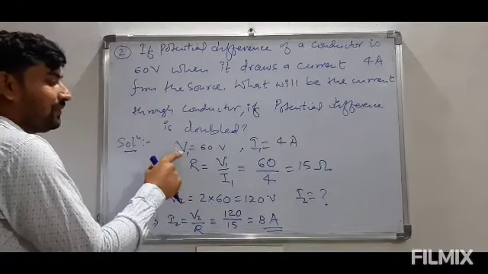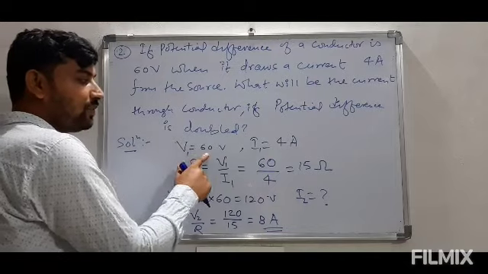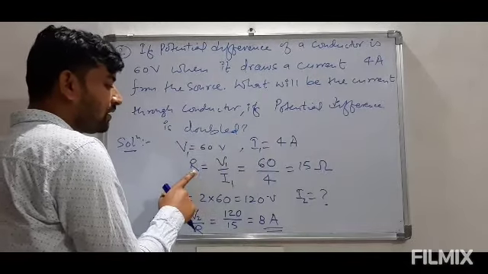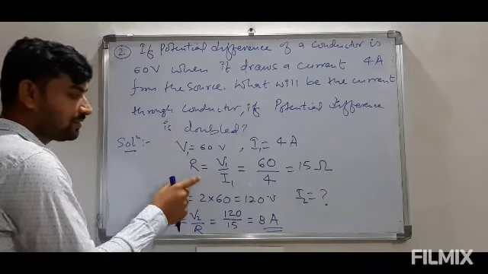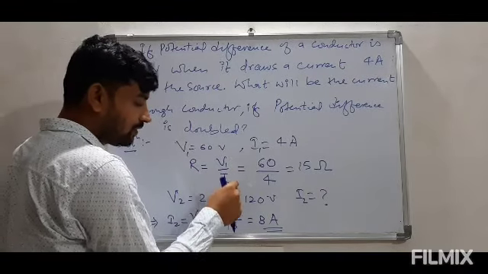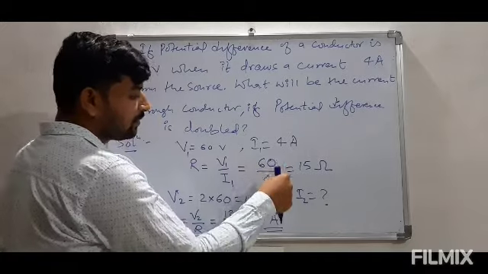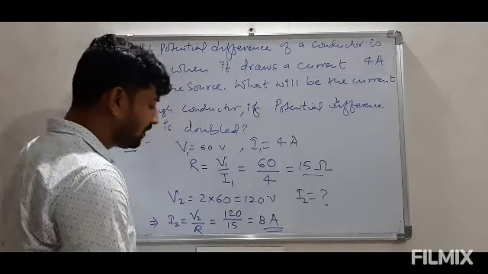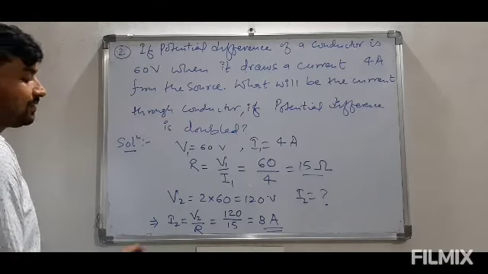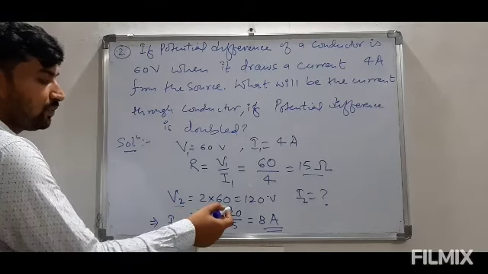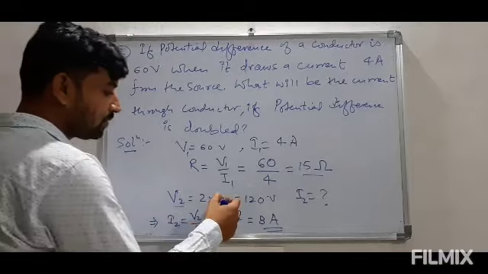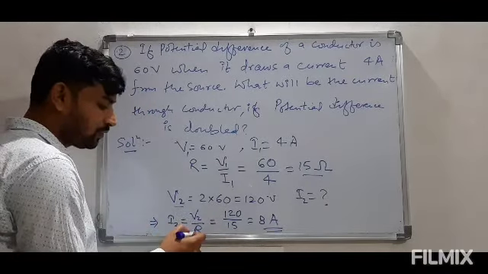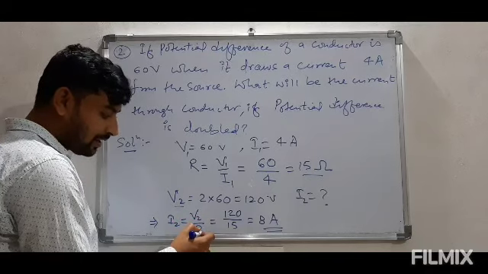So we have taken V1 as 60 volt, earlier one, then current was 4 ampere. By using this we can calculate the resistance of that conductor, that is V upon I. So V1 and I1, we divided by 4, and we get the value of R, that is 15 ohm. Now in the second case the voltage is double, means 2 into 60 of previous one, so it is 120 volt. Now we have calculated the current, that is V2 upon R, as R is same.